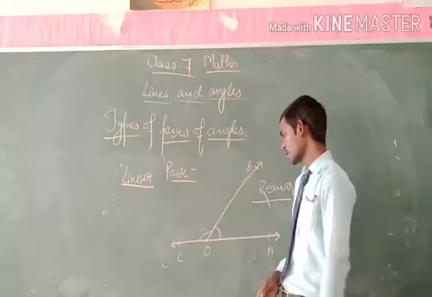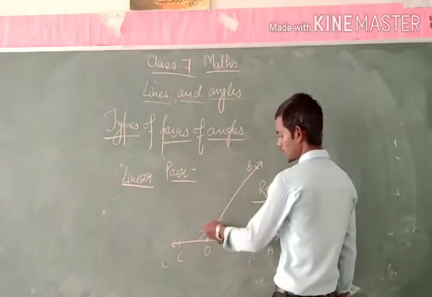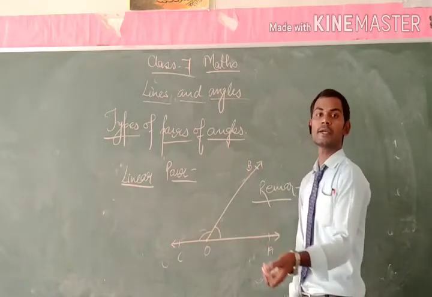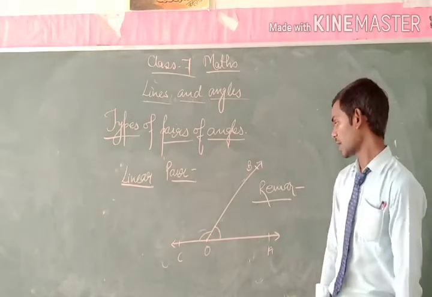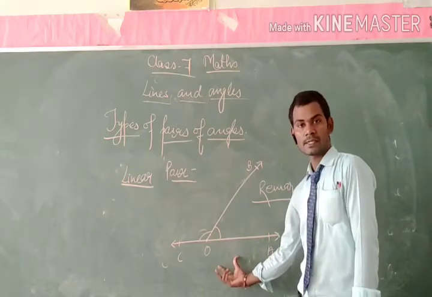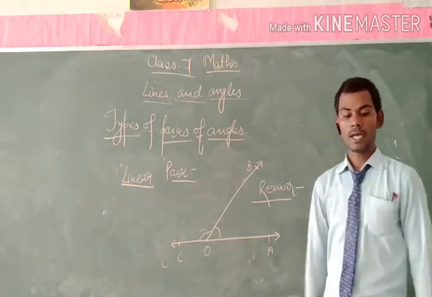In this figure we can see that the sum of these two angles is also 180 degrees. So we say that a linear pair forms adjacent supplementary angles.